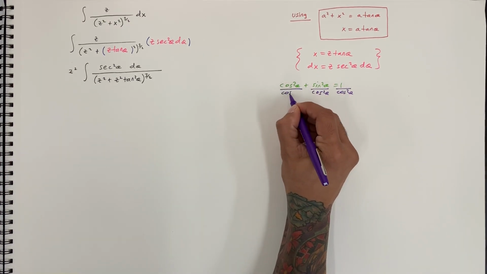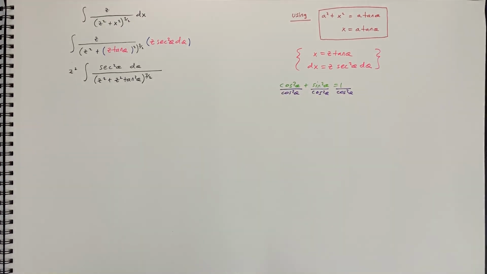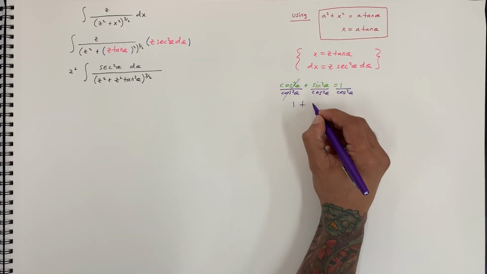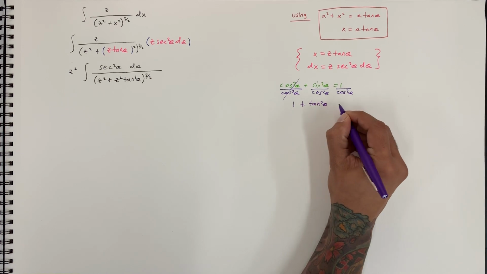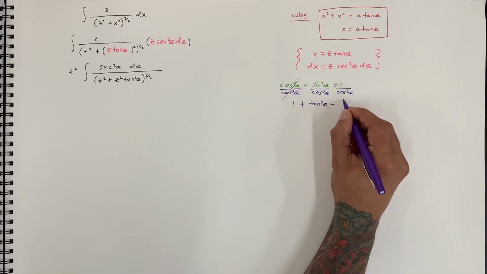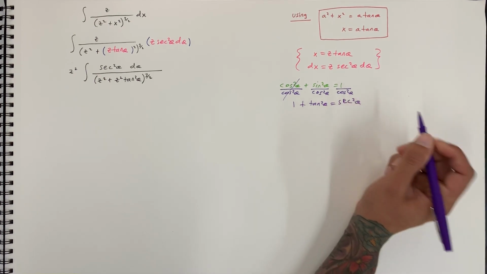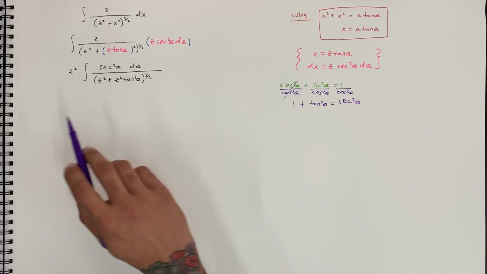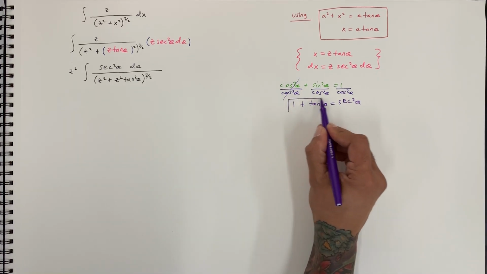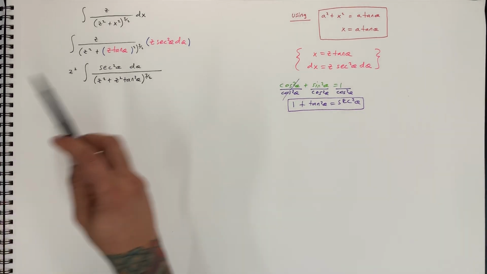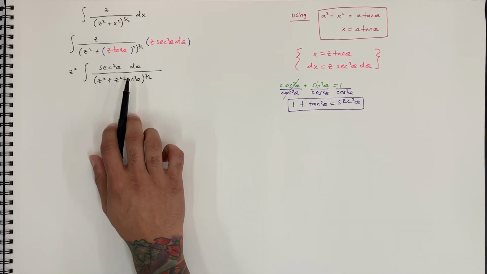This turns into 1 plus tangent squared theta, and 1 over cosine squared is secant squared theta. Let's hold on to this for a second, and we'll come back to our integral, and we need to identify some things.